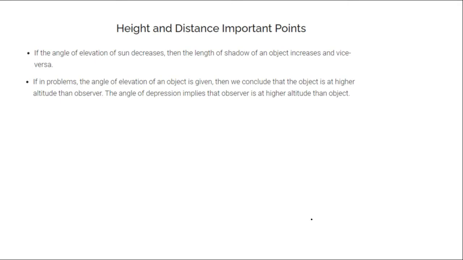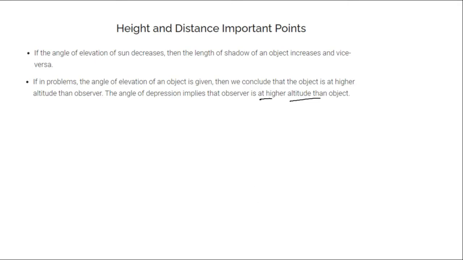The angle of depression implies that the observer is at higher altitude than the object. With these key points, let us try solving exercise 9.1 questions.